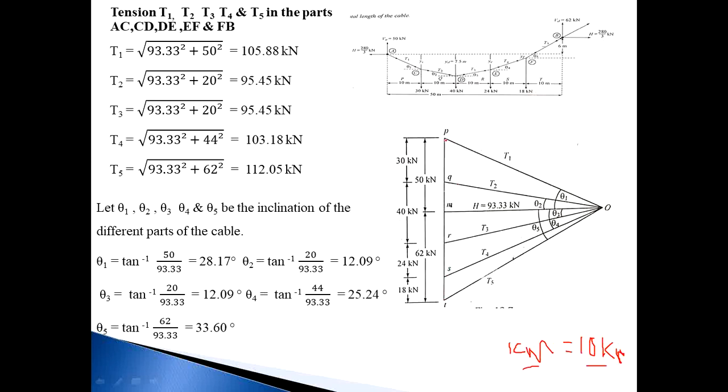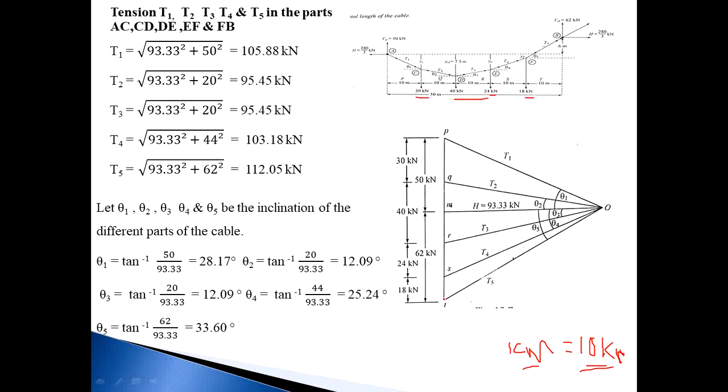Once again, these are the vertical forces, 30, 40, 24 and 18 kilonewton, converted with a suitable scale. I use 1 centimeter equal to 10 kilonewton. So PQ becomes 3 centimeter, QR becomes 4 centimeter, RS becomes 2.4 and ST becomes 1.8.